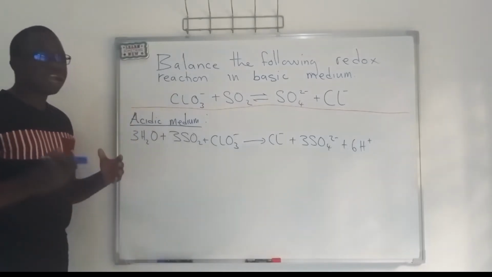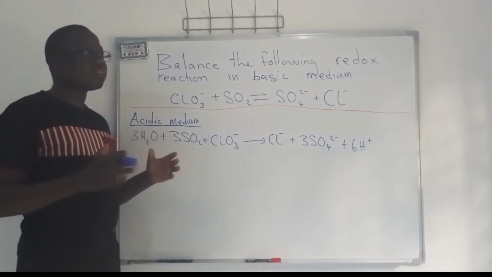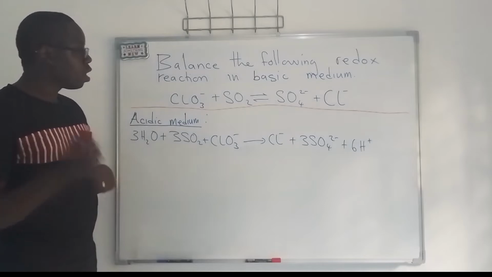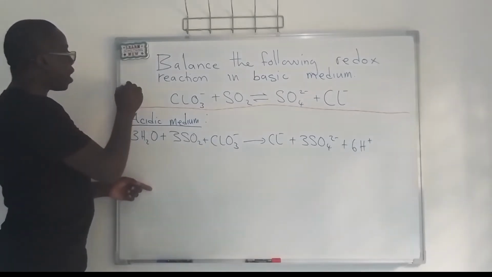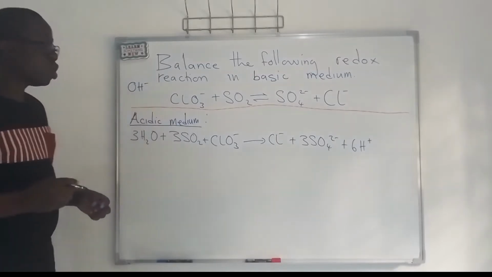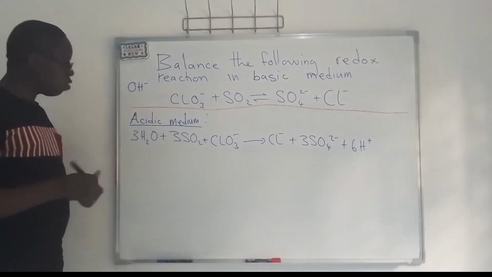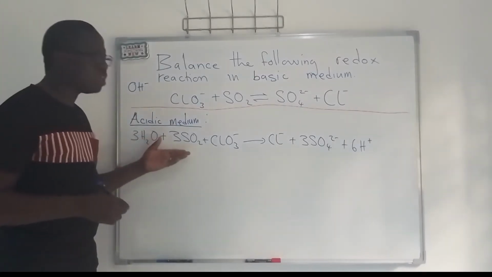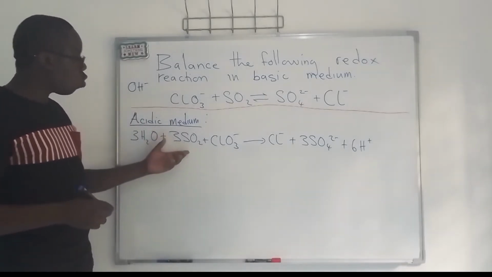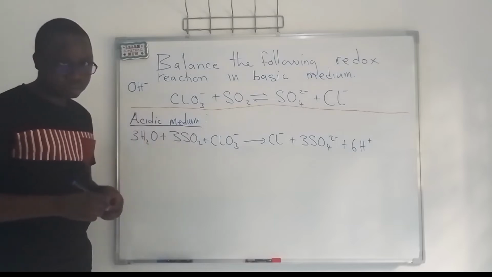Now, what identifies that the equation is in basic medium? A base is identified by OH minus ions. So this simply means this acidic equation that we have should be changed to a basic equation.